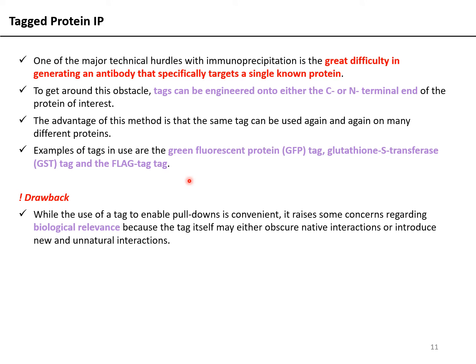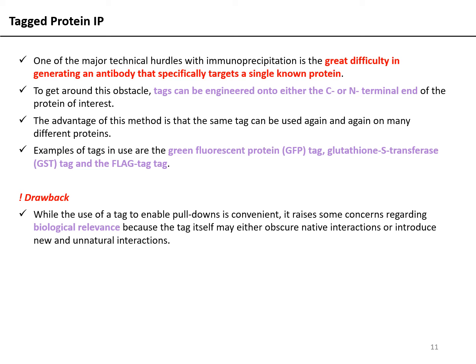However, it is very important to keep in mind that the use of a tag to do pull-down assays is very common, and the use of a tag makes it very convenient, but it does raise some concerns regarding biological relevance, because the tag itself may either obscure native interactions or introduce new and unnatural interactions.